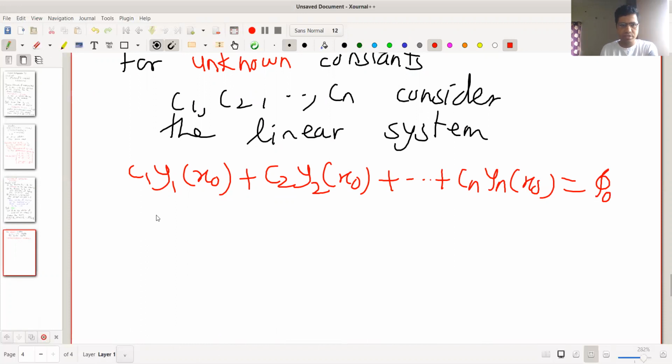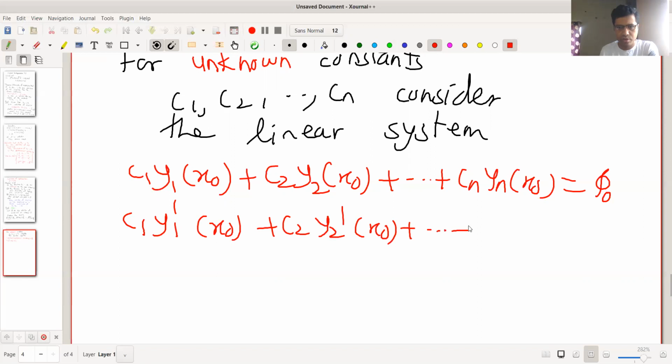Second equation we consider C1 into y1 dash x naught plus C2 y2 dash x naught plus and so on plus Cn yn dash x naught equal to phi 1, and we continue.